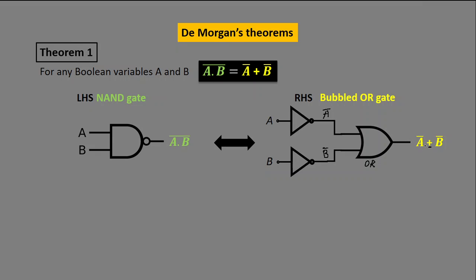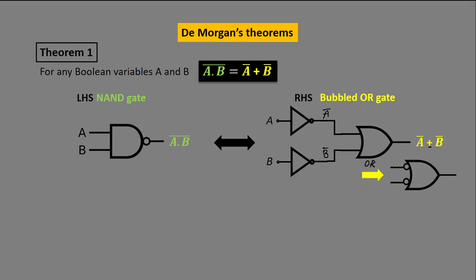So this diagram is called a bubbled OR gate, or this is a representation of a bubbled OR gate, in which the left-hand side, the complement of A and B, is expressed as the complement of A or the complement of B. The diagram of the bubbled OR gate is like this.